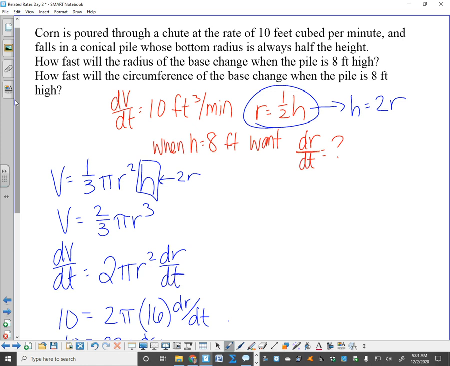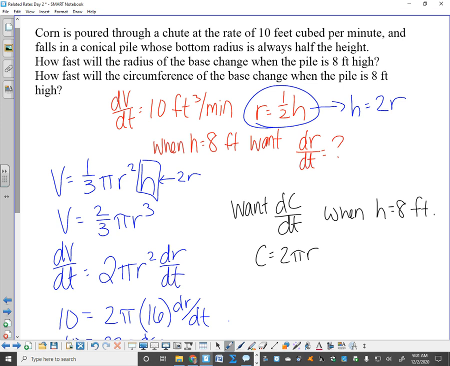Second question, how fast will the circumference change? Okay, so now I want dc dt when h equals 8 feet. Okay, so I need a formula for circumference. Circumference is 2 pi r, which you are expected to know. That's only r and only c, so I don't think I need to replace anything.